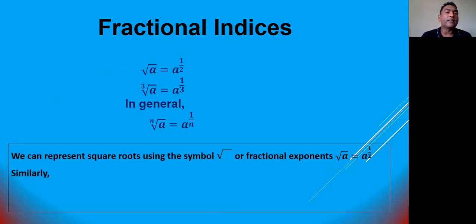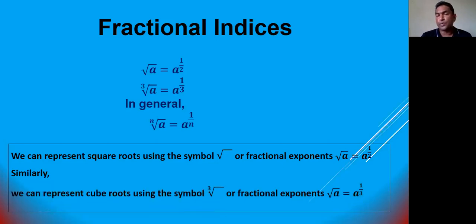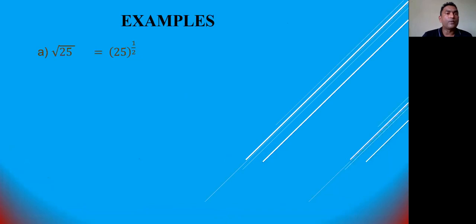In fact, instead of using the symbol for square root, you can write it as a power half. Similarly, for cube root, instead of using the symbol for cube root, you can write power 1/3. Now let's have a look at some examples where you're going to use these fractional indices.